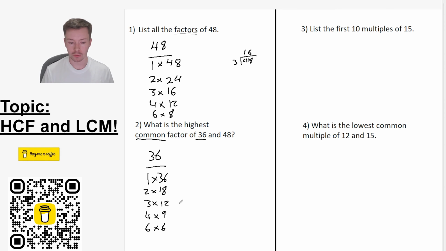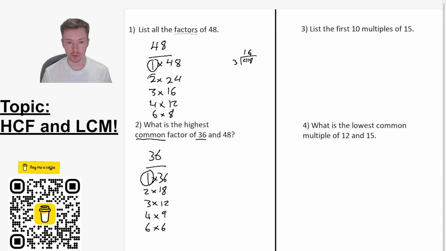Okay, now what I need to do is look in both of these lists, my 48 and my 36, and find the number that is common, i.e. in both of them, and the biggest one, because I want the highest common factor. So, just to make this a little bit easier visually, I'm going to circle the common ones. So I've got 1, which is a common factor. Okay.